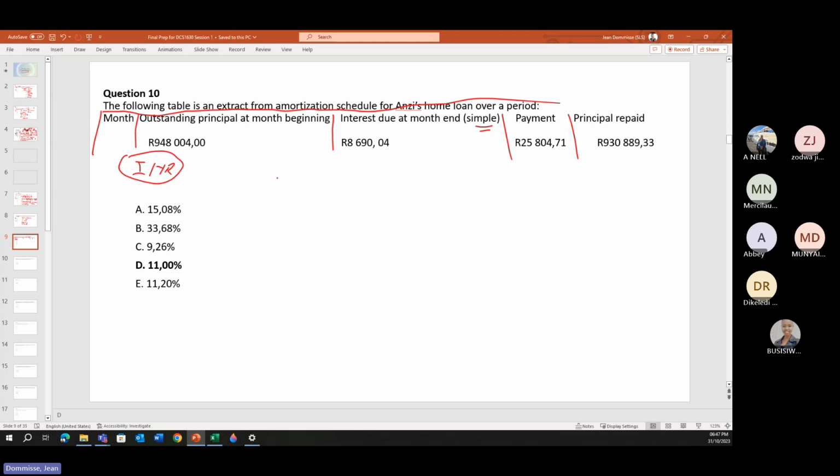Okay, so now we need to go back to the simple interest rate. We will need to work out the interest rate. So remember, it was nearly, so let's quickly rewrite this.